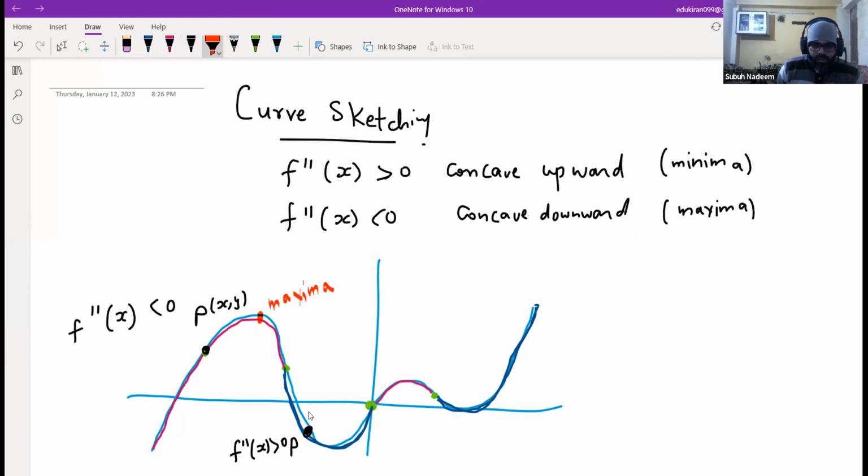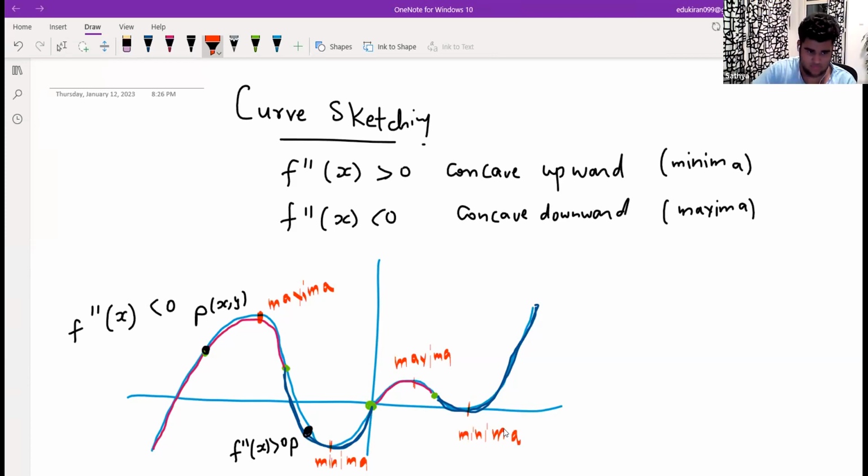And if you talk about a region which is concave upward, you will find that there is a minima. Similarly here, concave downward, there is a maxima. And similarly here, concave upward, there is a minima. Is this clear? Yes, sir. So this is what the first slide is talking about.